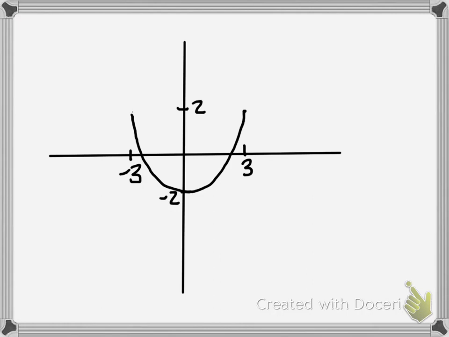We can also do this if we have a graph. When I'm thinking of my domain here, I'm thinking of all of the x values. Remember, this axis is your x-axis, sometimes called your domain axis. Nobody actually says that, but textbooks sometimes do. Here's your y-axis.